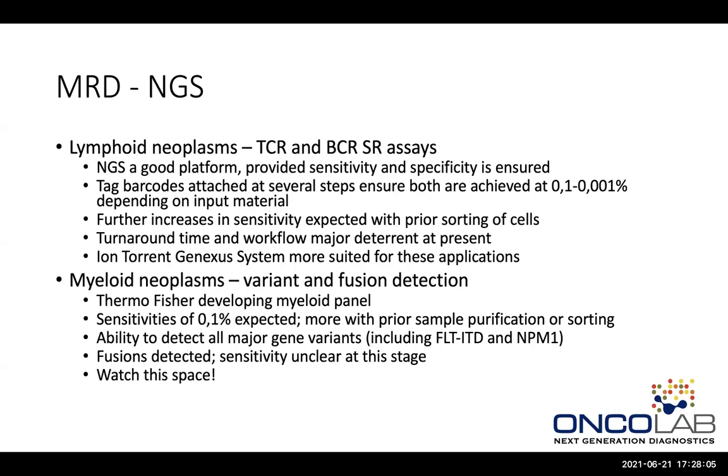Presumably you will be able to detect them, but at a very low sensitivity here. It also does fusions, including PML, RARA, and BCR-ABL. I would love to see what the sensitivity of that is, but likely this won't be their primary concern because it's easier and cheaper using a dedicated assay, but watch this space.